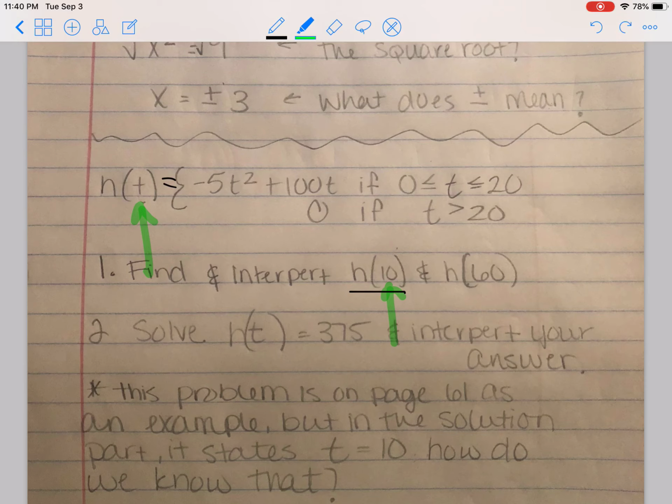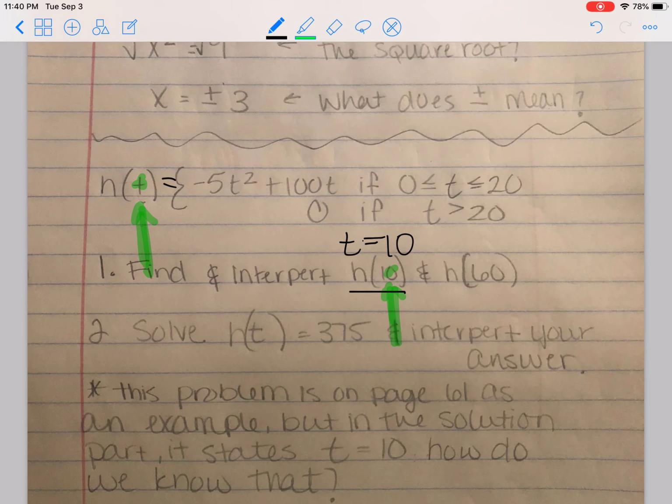Well, how do we know that t equals 10? These two arrows right here match up. That means your t equals 10 in this case.